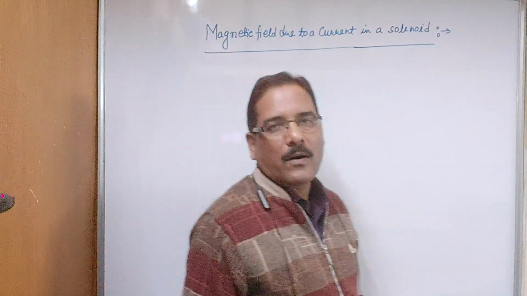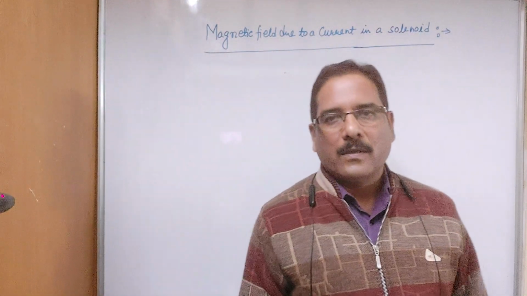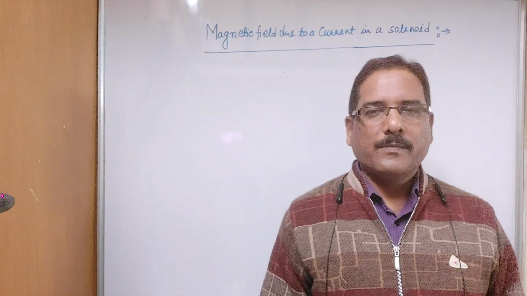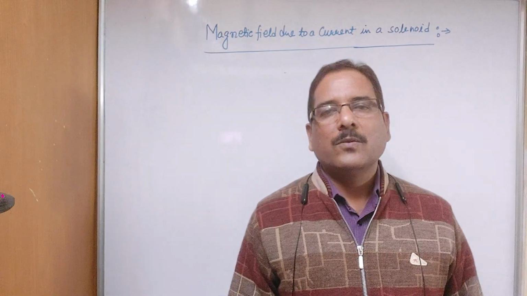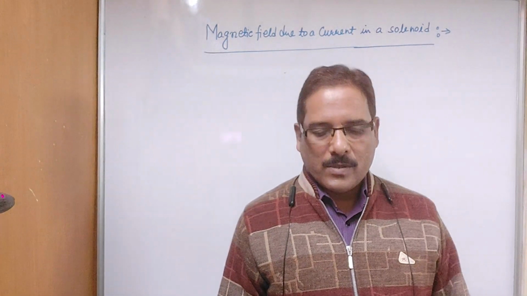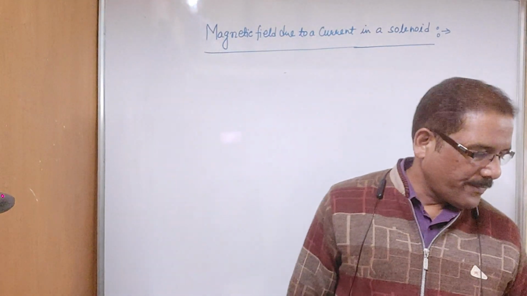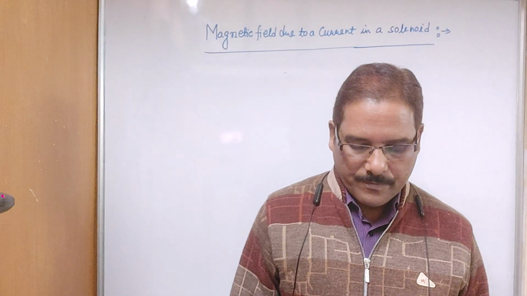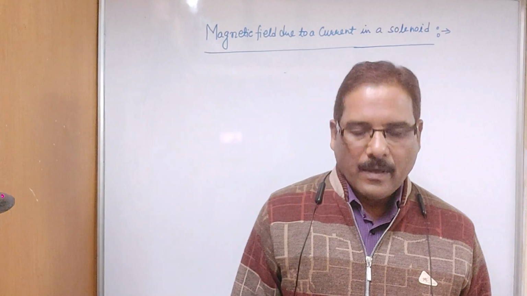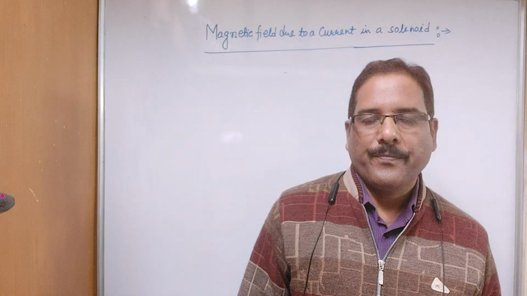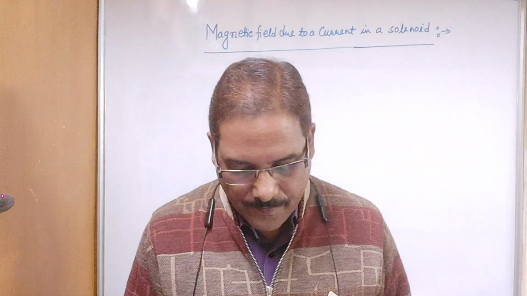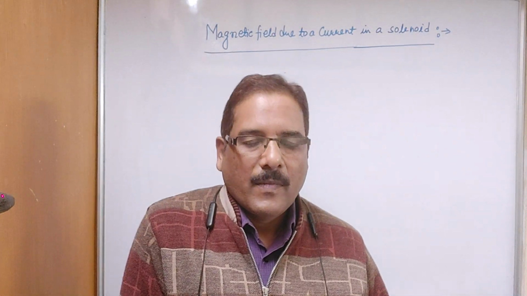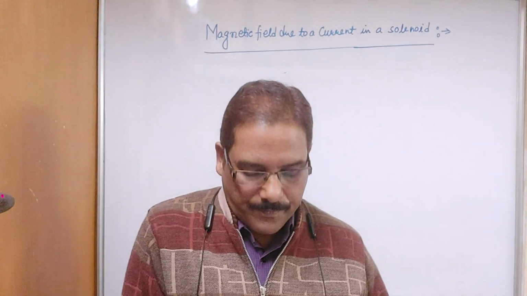A coil of many circular turns wrapped closely in the shape of a cylinder is called a solenoid.